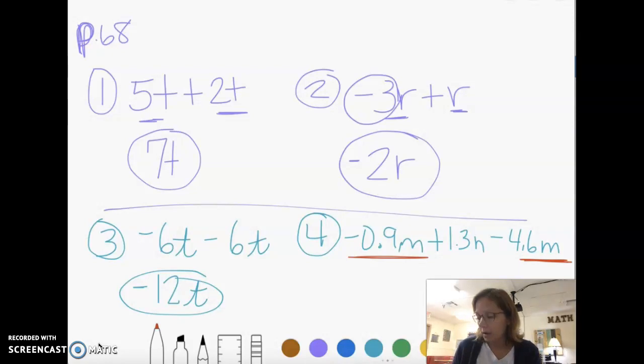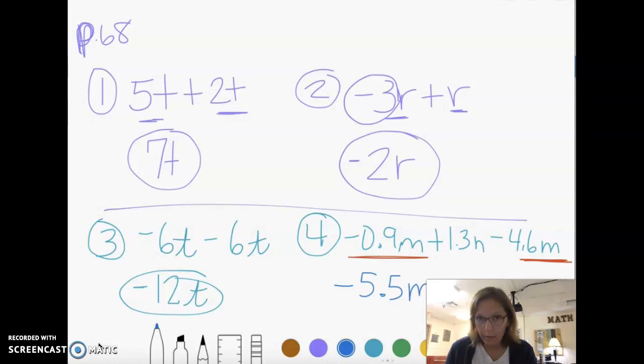But the m's I've got to add together. So I'm going to do a negative 0.9 and a negative 4.6. So you can do plus negative 4.6, or you can just do minus 4.6. And it gave me an answer of negative 5.5.